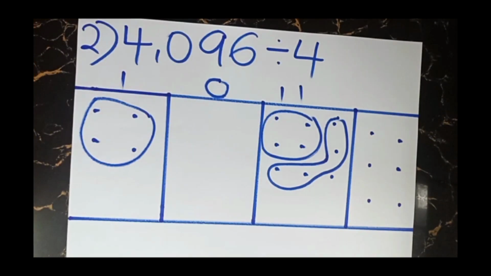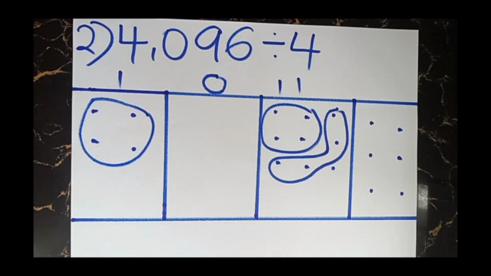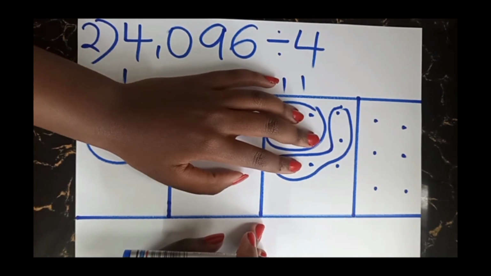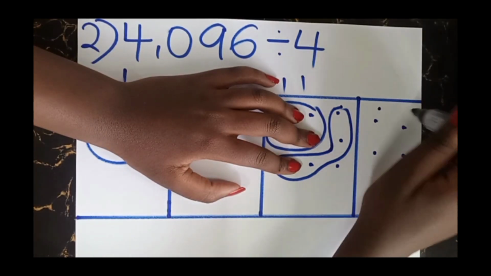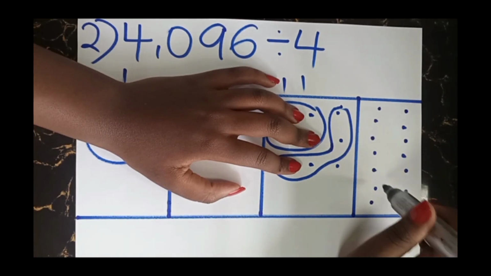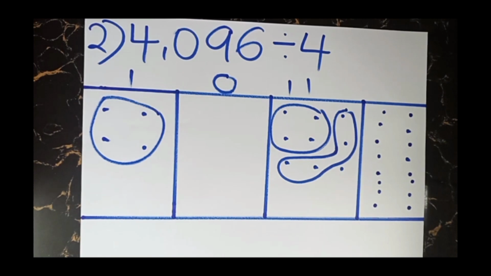So we'll replace this 1 dot, because we are taking it, with 10 dots. So 1, 2, 3, 4, 5, 6, 7, 8, 9, 10. Are we together?